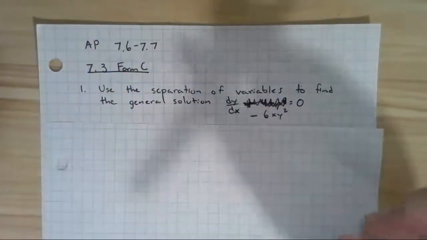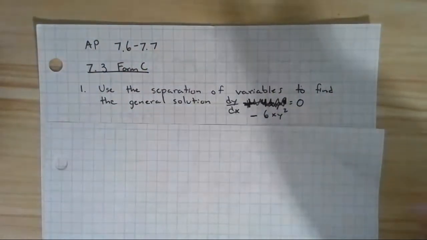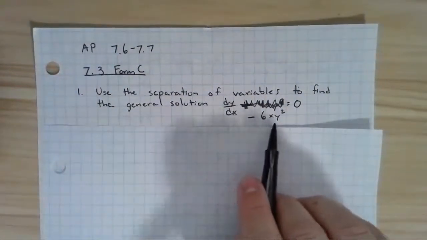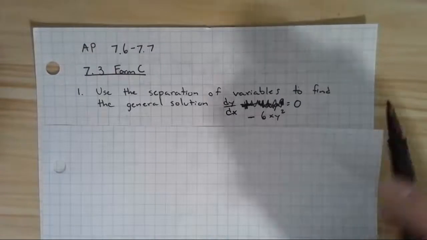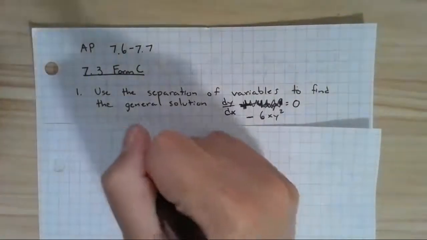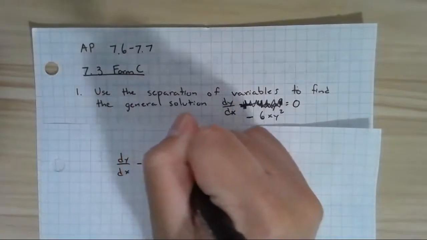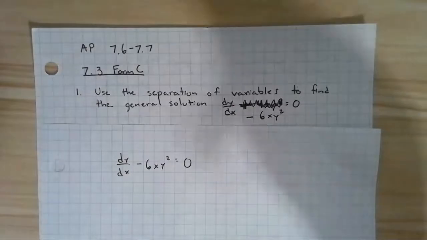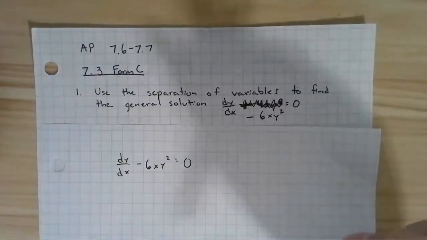Okay, so this first one says use the separation of variables to find the general solution. It's dy/dx minus 6xy squared is equal to 0. Okay, so again, please pause the video, attempt to do this first. Study how we did number 1 in form A and see if you're able to do this one.